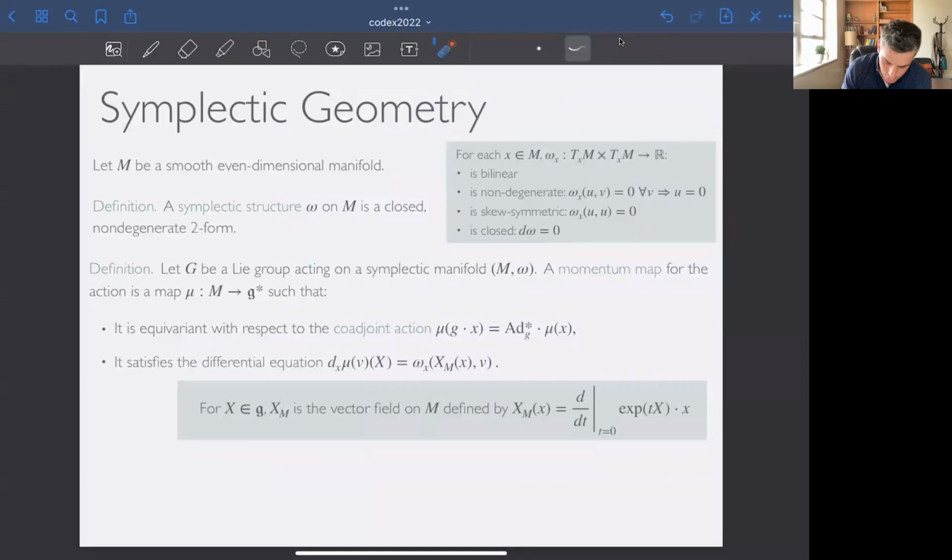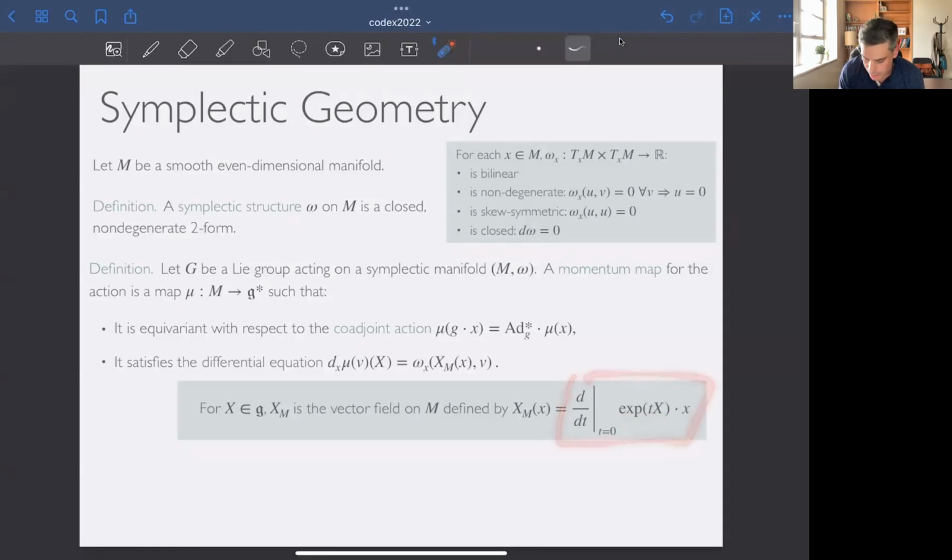And then I also want the momentum map to satisfy this differential equation, which basically is showing you how the symplectic form interacts with the momentum map. Okay, and you kind of figure out where all the moving pieces can possibly go, and then this differential equation pops out. So in particular, if I have something in my Lie algebra, I get an induced vector field, right, by saying, okay, I can multiply something in my Lie algebra by T, I can exp out, I get something in my Lie group, I can act on X by that element of the Lie group, then I take the derivative at 0.